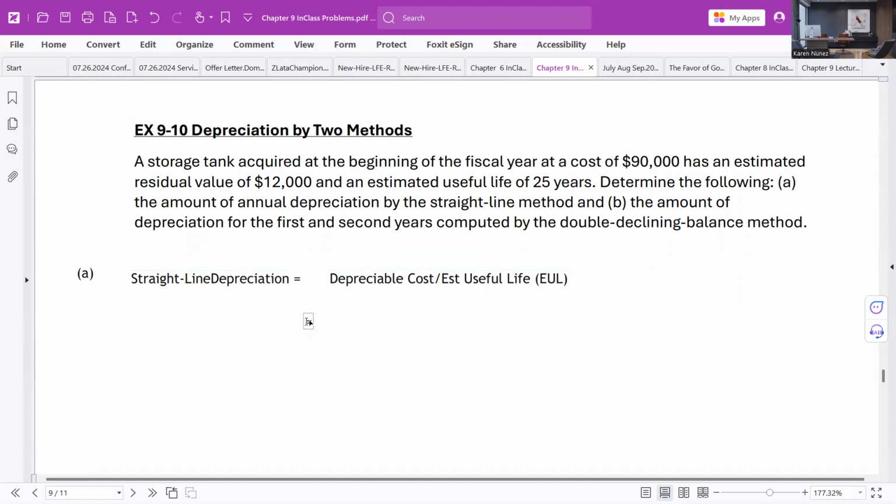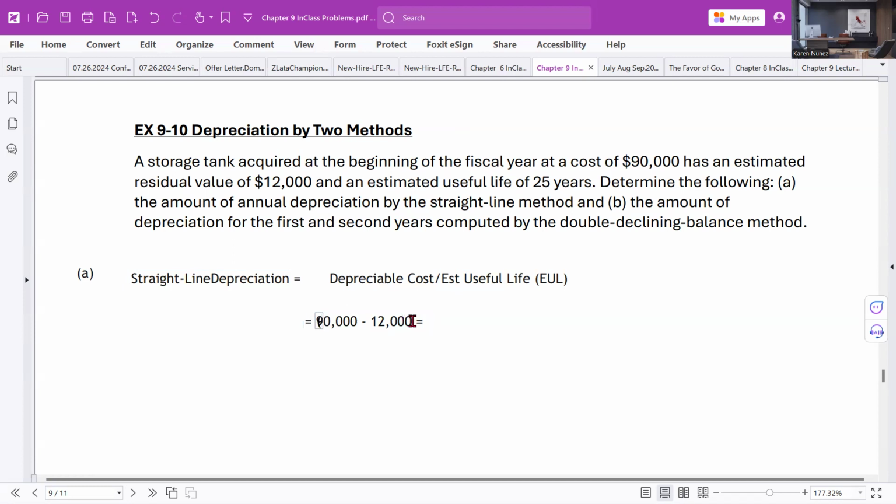And we've got an asset that costs $90,000. And there is a residual of $12,000, right? Which means that we have, in this case, a depreciable cost of $78,000.